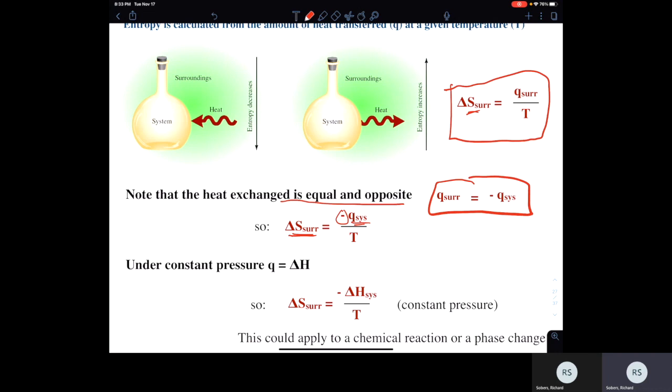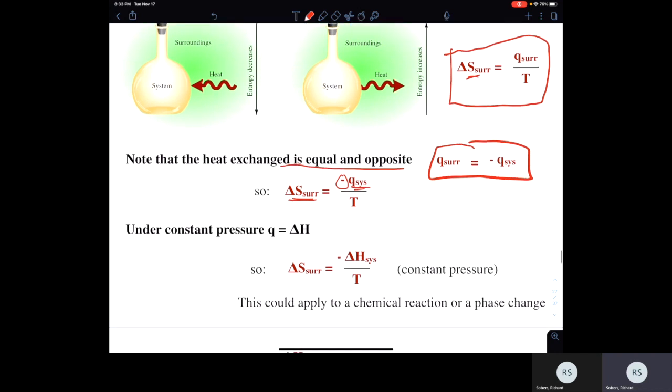Well, that's nice because you might be able to calculate the amount of heat coming out of the system. So if we're working at constant pressure, Q is delta H. And that's really nice because, like I said, delta H might be something you can calculate. Maybe there's a chemical reaction, for instance.